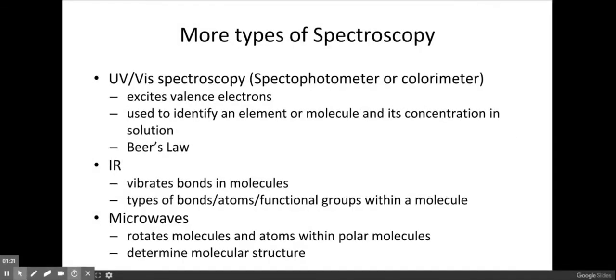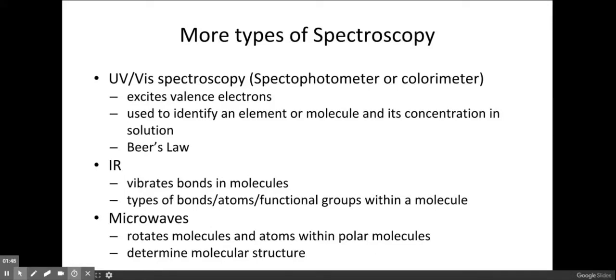The other types of spectroscopy that they want you to know something about are UV or ultraviolet and visible spectroscopy. You've probably done some work with this in the laboratory using either a spectrophotometer or a colorimeter. And these wavelengths of light are used instead of ejecting electrons like in PES, they just excite valence electrons.